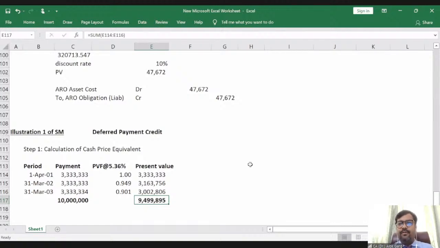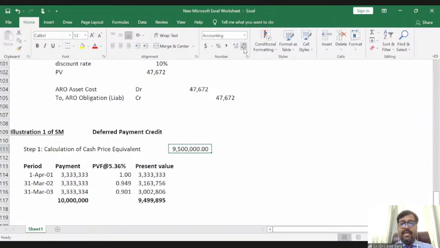I can round it off to the nearest thousands, and it will become 95 lakh. So 95 lakh is my cash price equivalent. Clear? My cash price equivalent is 95 lakh.